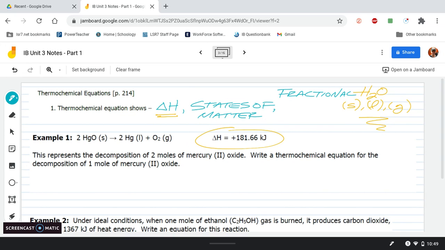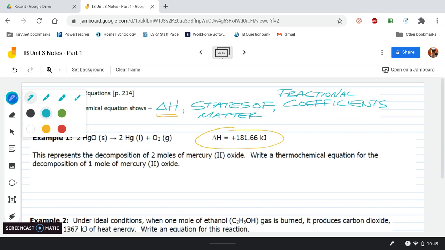Coefficients, if you remember, are the things in front, right? So this should not be something that you're like, I don't know what these are, because we've been balancing forever. So fractional coefficients, what does that mean? Well, that means that you can use things like 1/2.